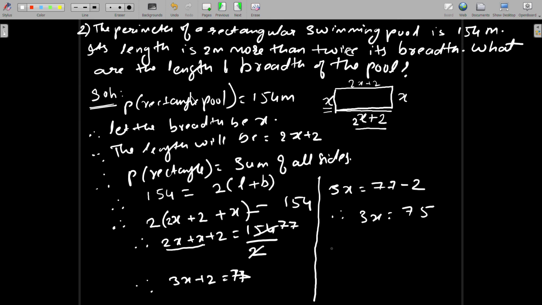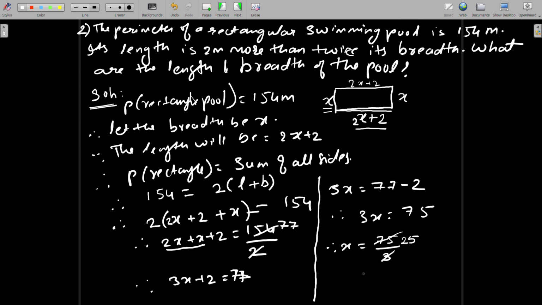Therefore, x is equal to, now 3 into x means 3 multiplied by x. When we take 3 to the other side, it becomes division because here it is getting multiplied. Therefore, x is equal to 75 by 3. So 3 ones are 3, 3 twos are 6, 3 fives are 15.